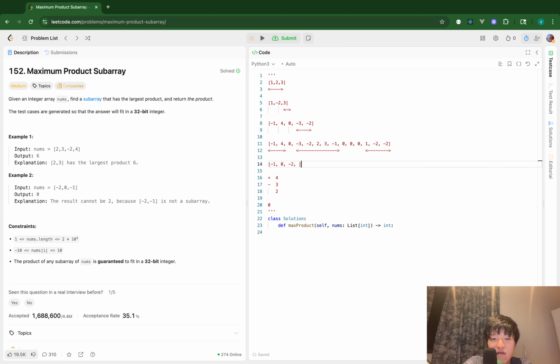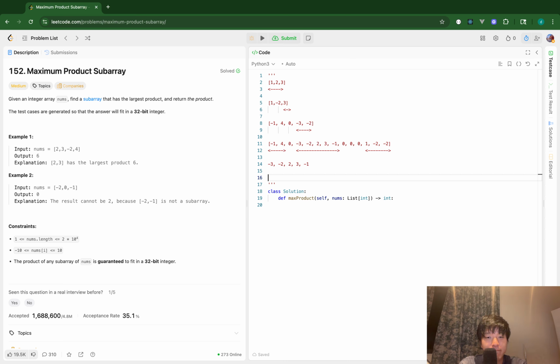I will think of this in this way. Firstly, I start from -3, and then when I get -2, it becomes 6.